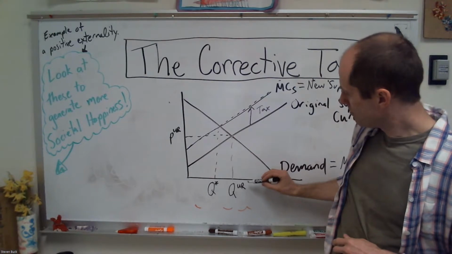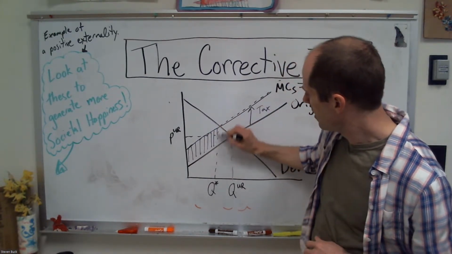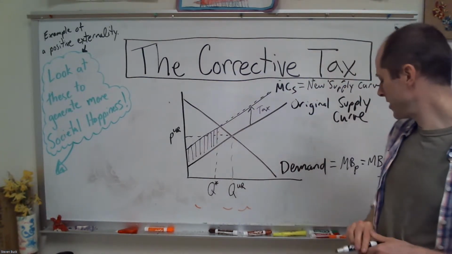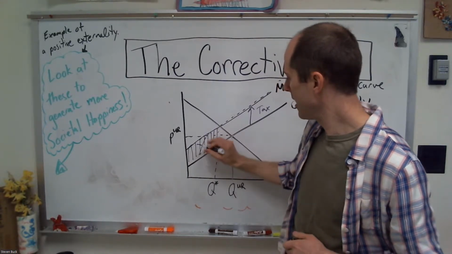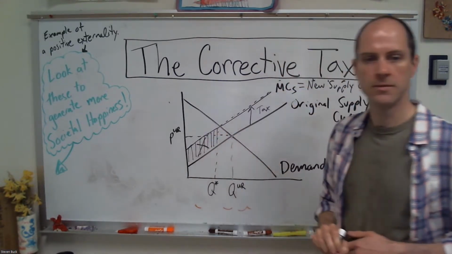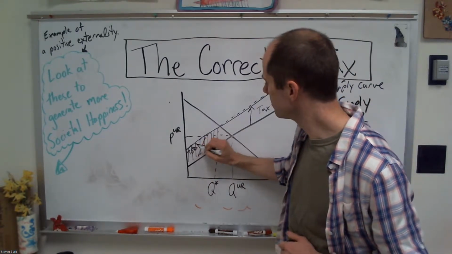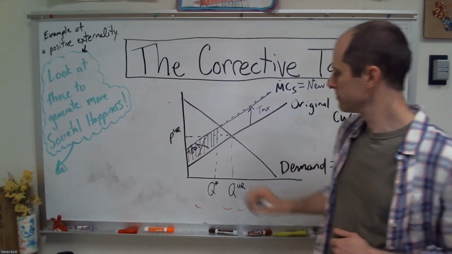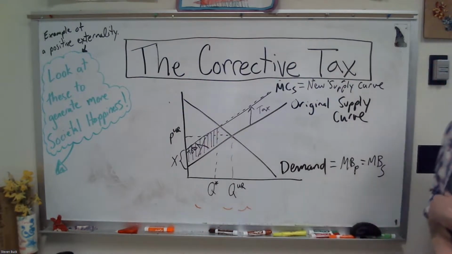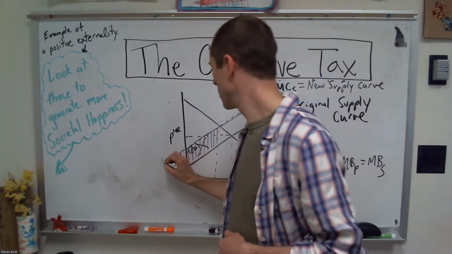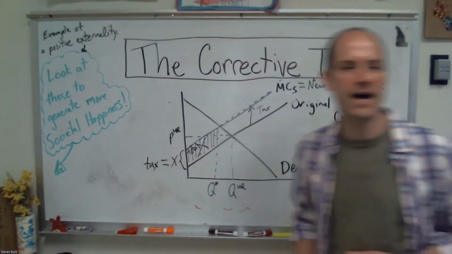All right, so this area right here is our negative externality, X, or rather total X. The per unit X is right there, which is equal to our per unit tax.